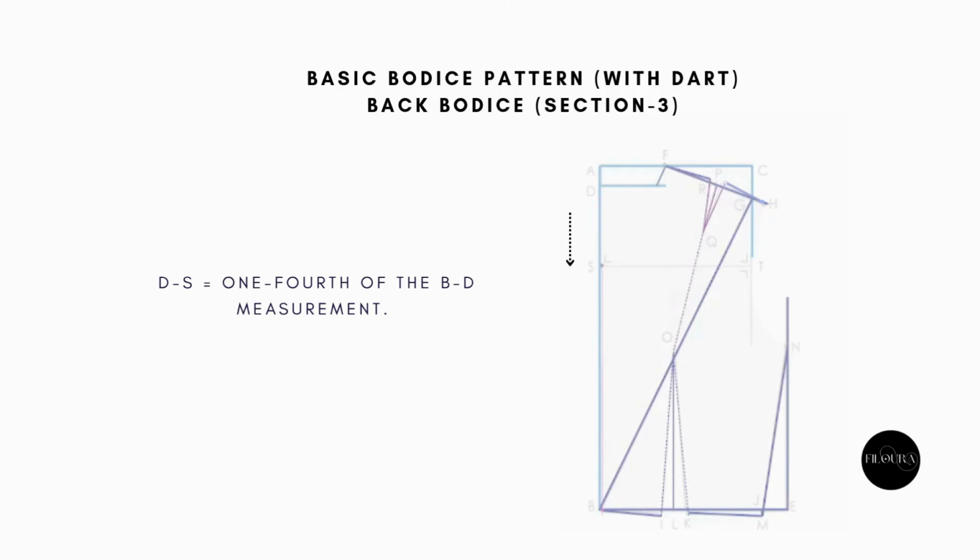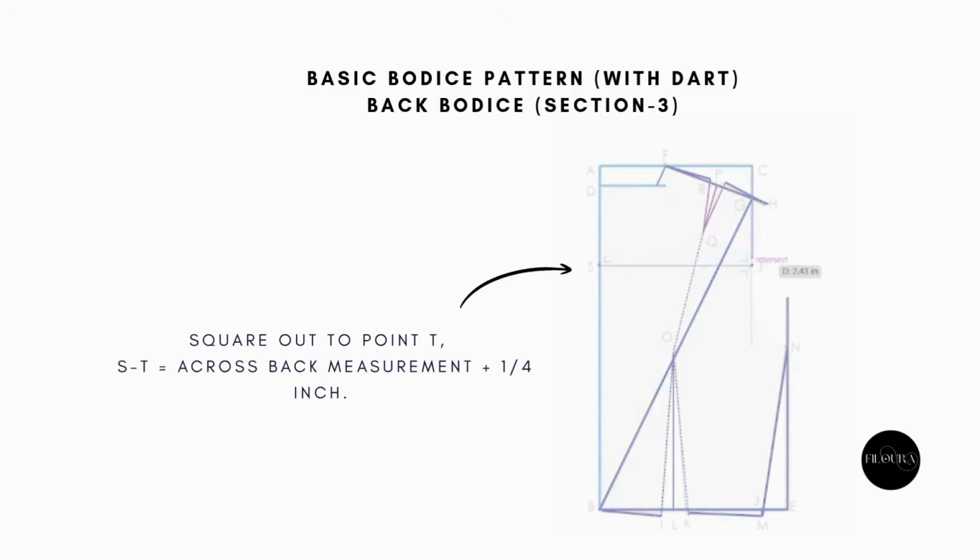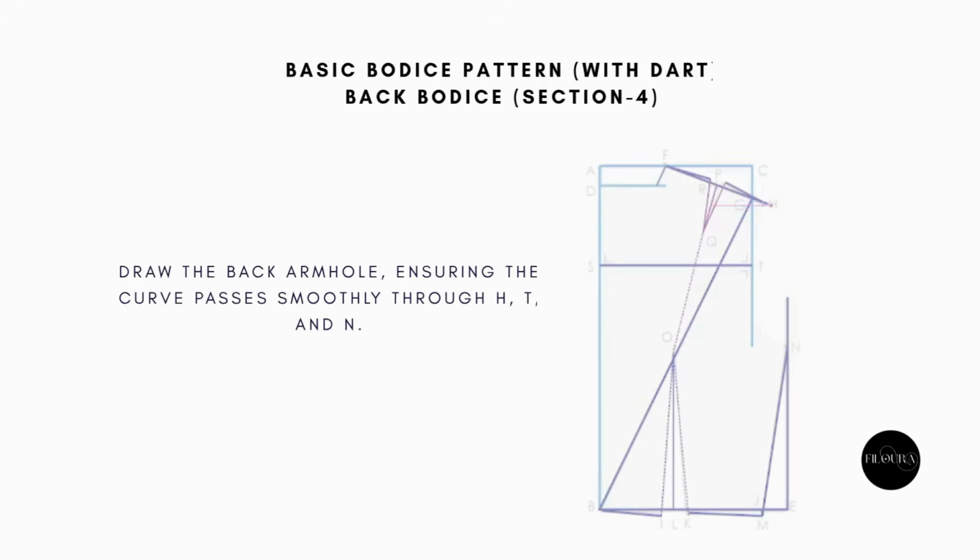From this point S, square out a line to a point T where S to T is across back measurement plus 1/4 inch.